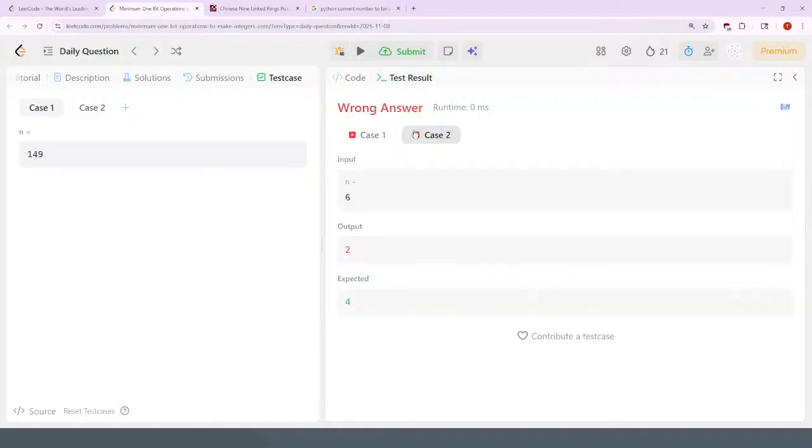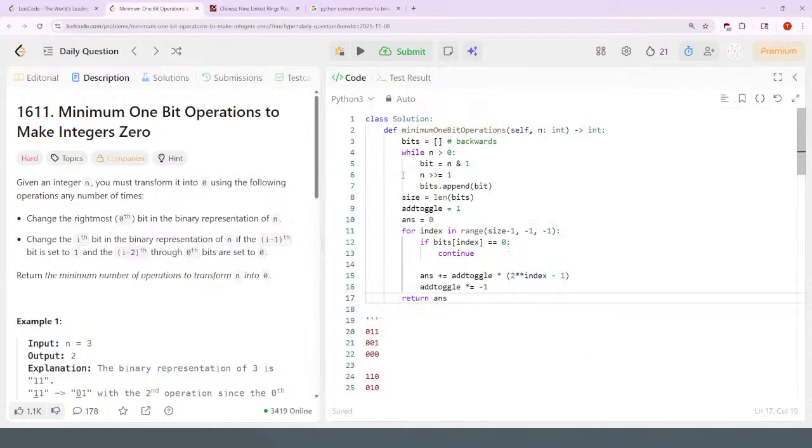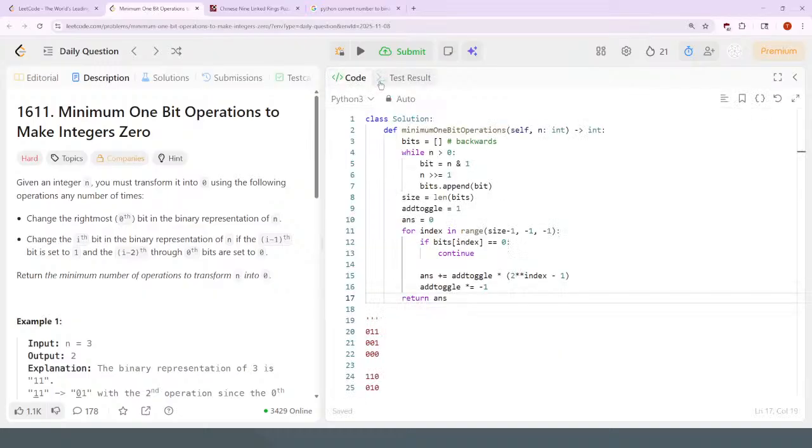115, 2. I wonder if I'm off by a factor of 2 or something. 115, where the answer should have been 149. 230. That does seem like it's off by a factor of 2 somehow, given the fact that it's 115 and 230, and 2 and 4. Where did I go off by a factor of 2 though?